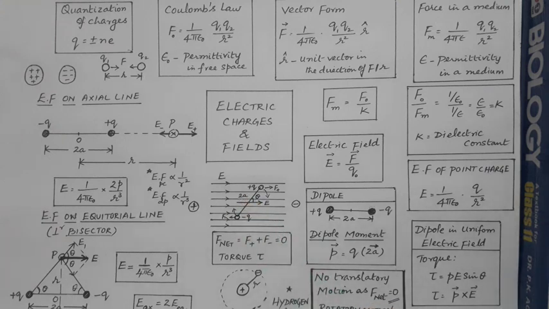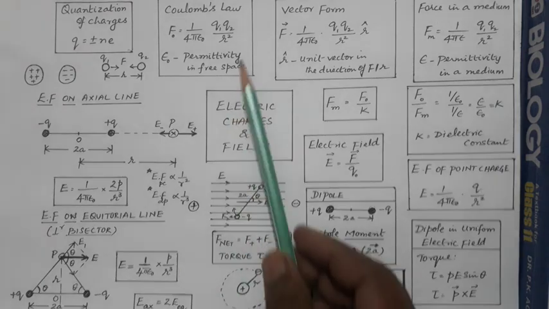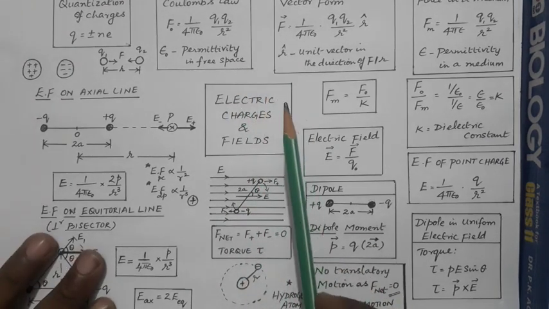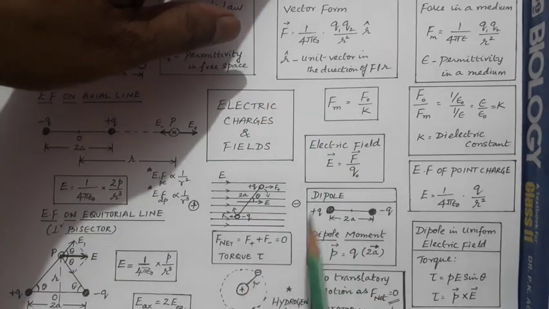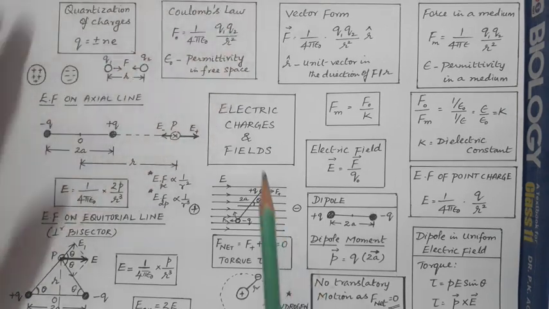Naturally, when you keep it in an electric field, as one side is positive and the other side is negative, the positive charge will experience a force and the negative charge will experience a force in the opposite direction. So the dipole is not going to move in a translatory way, no translatory motion.